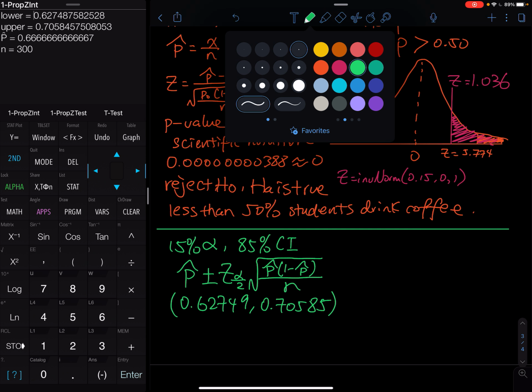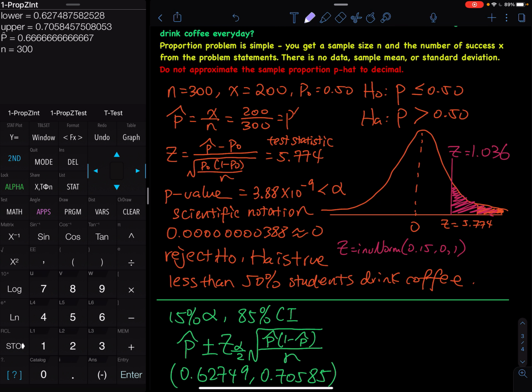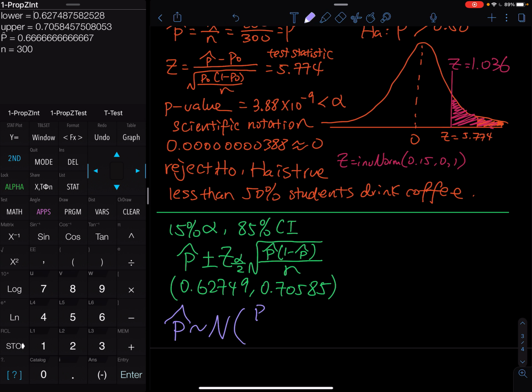Oh, by the way, why is this in z? Here is why. Because the sample proportion follows a normal distribution with P. What is P equal to? The P is equal to 50%, so 0.50, and then the standard error is the square root of P, 1 minus P, divided by N. So let me calculate that for you.